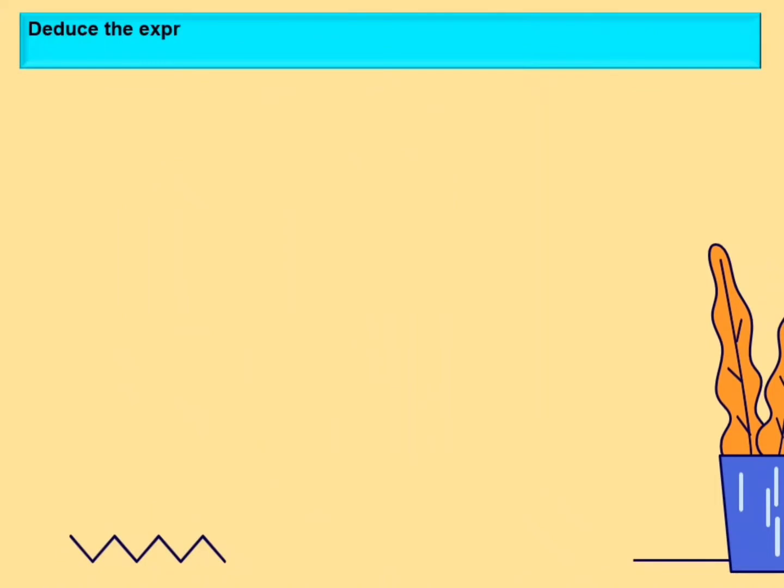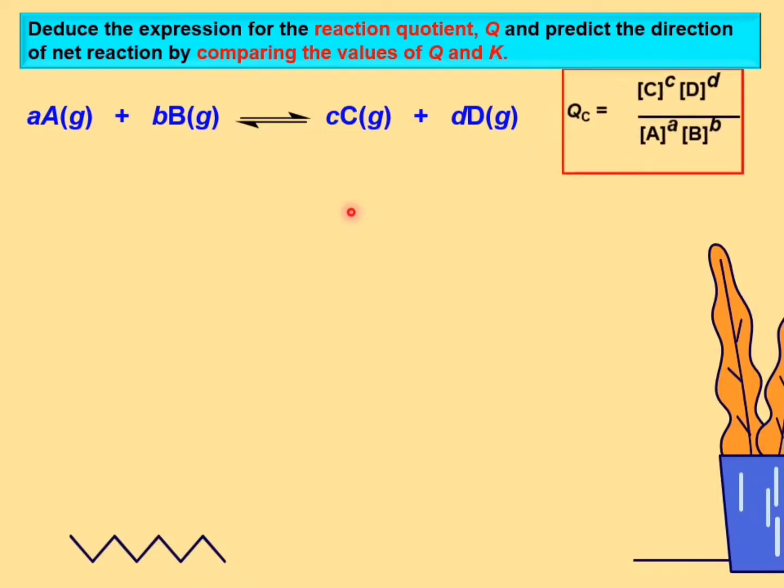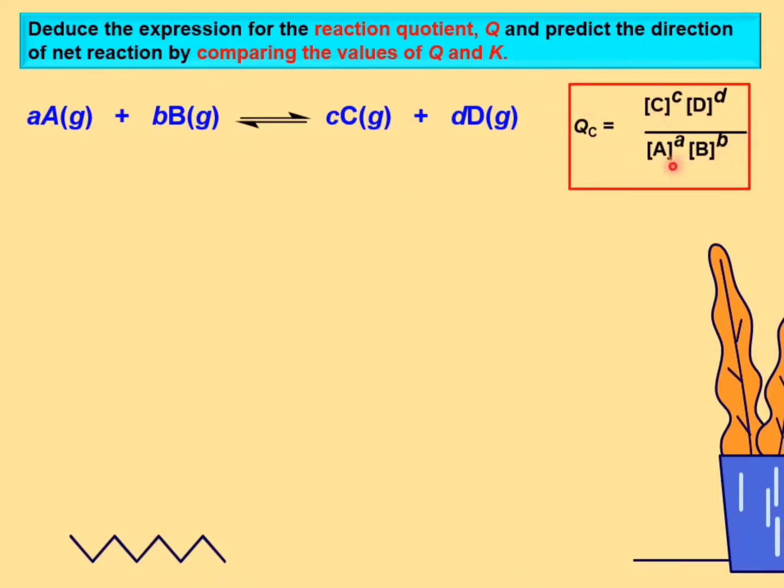Okay guys, to deduce the expression for the reaction quotient Q and predict the direction of net reaction by comparing the values of Q and K. So this is the summary before we go to the question. Okay, for example, you have this general equation. We have the reactant A react with B, produce C and D. So if you write the Qc expression, it looks like this.